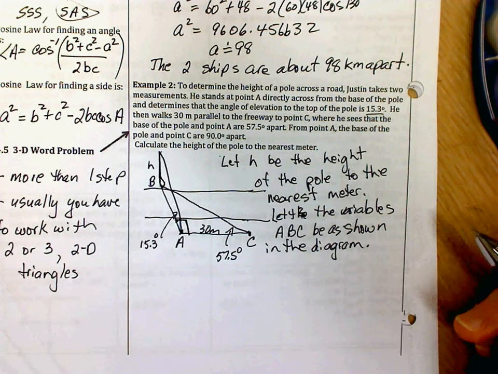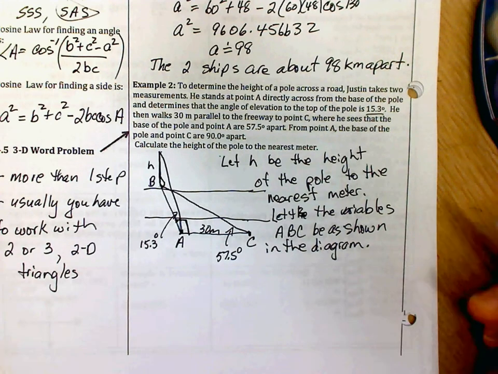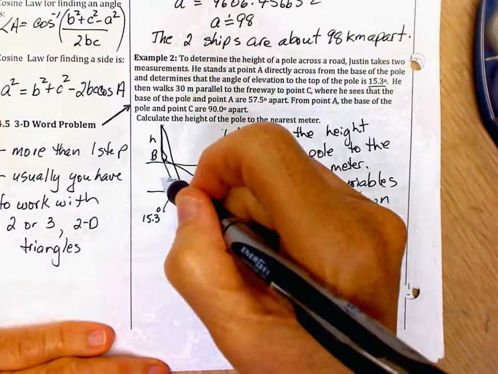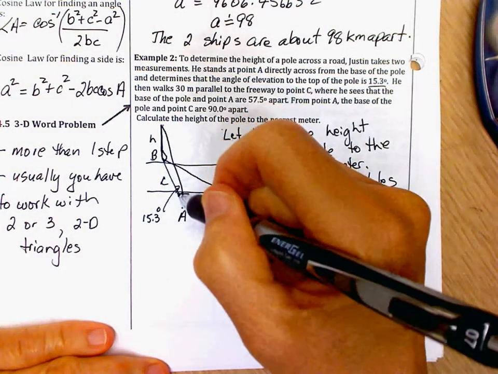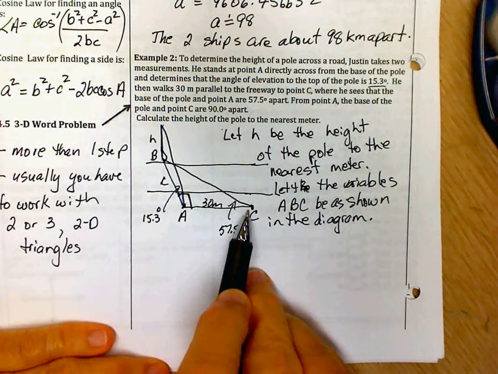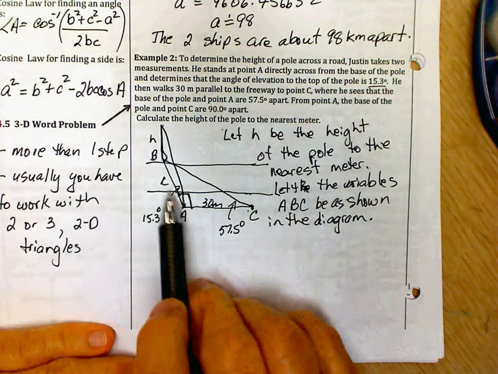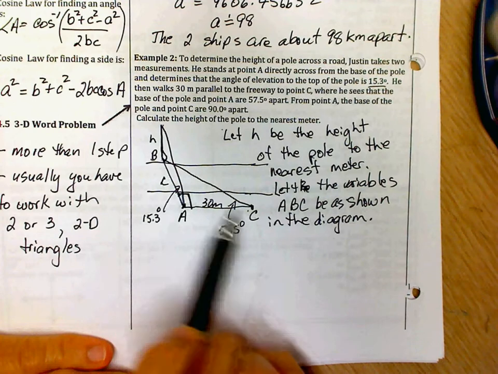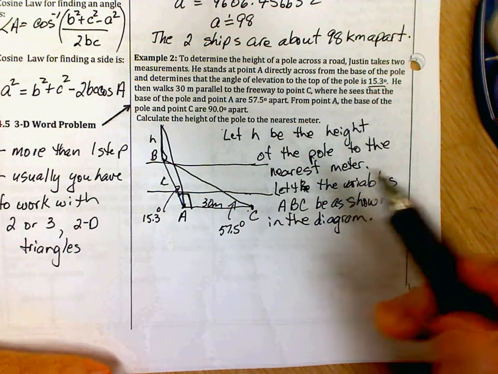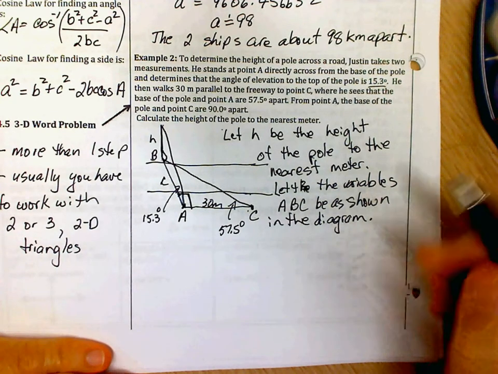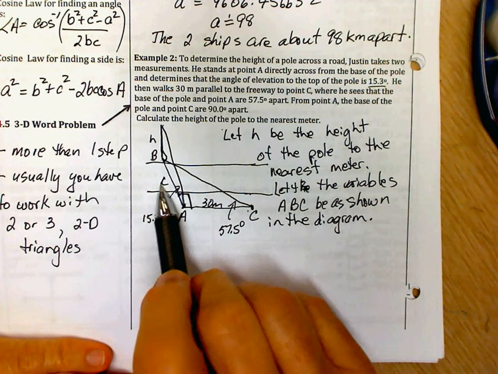So we'll call this little c. We're going to find little c because it's opposite angle C, right? So the side opposite the angle is denoted with the lowercase. Alright, so we're going to find side c, and notice we're solving this two-dimensional triangle.